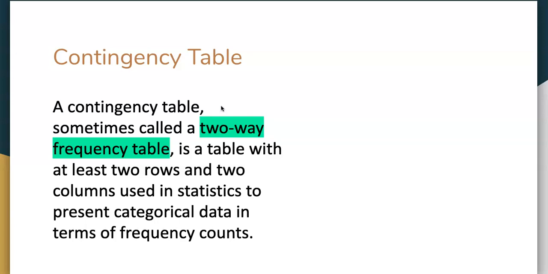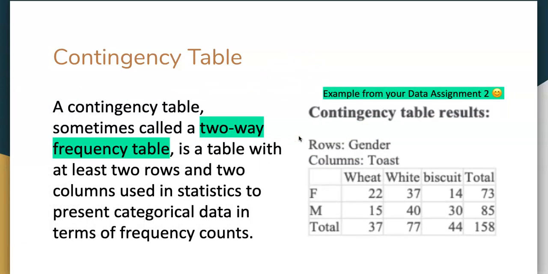Let me show you the one that you created for me on data assignment 2. In data assignment 2, I gave you a data set where we asked people, do you like wheat toast, white toast, biscuit? And you created this for me already. So you know what a contingency table is. You did one probability question based on this for me.